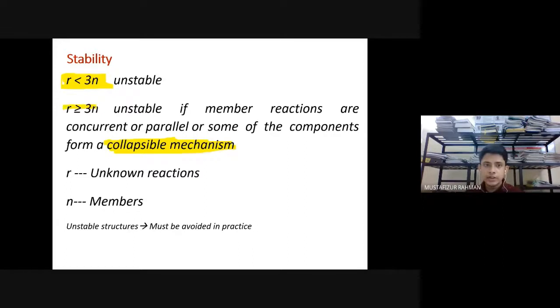But even if it is greater than or equal to the number of equations of static equilibrium, we will have to check the mechanism, whether it is stable or not. If it is stable and equal to the number of equations of static equilibrium, this is statically determinate. If it is more and still stable, then it is statically indeterminate. If it is unstable, then we will not bother finding out the determinacy or indeterminacy. Why? Because if it is unstable, it is not a structure, it is not serving its purpose.